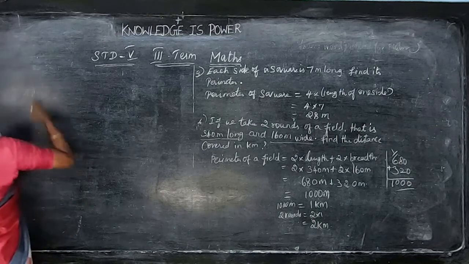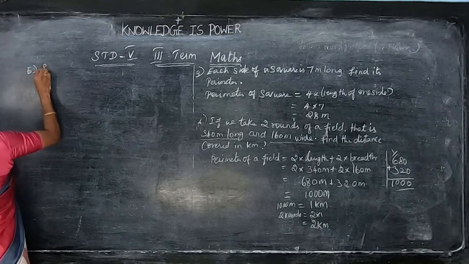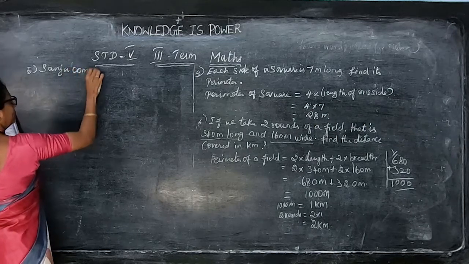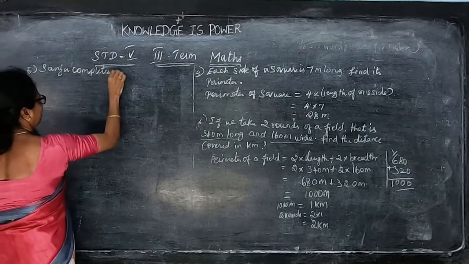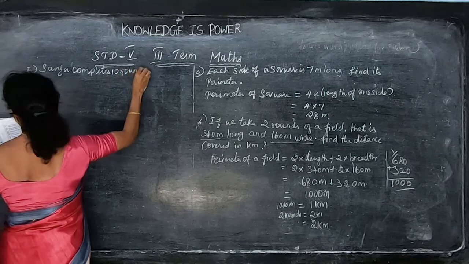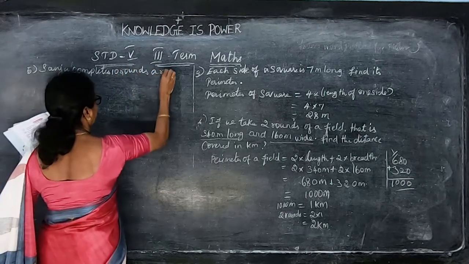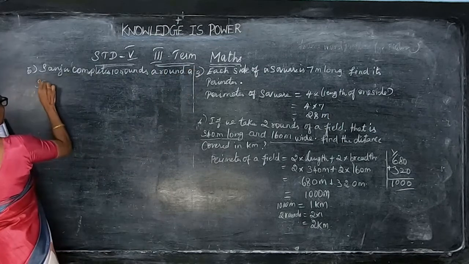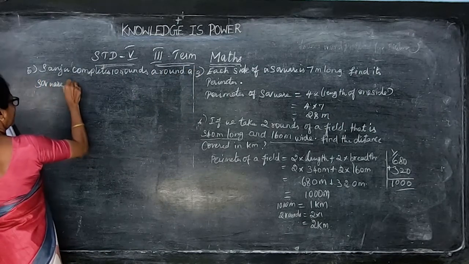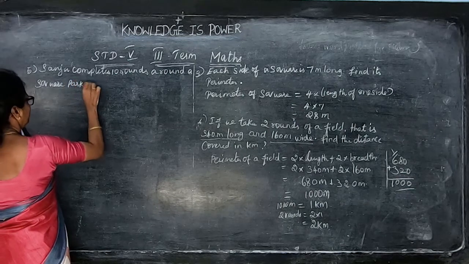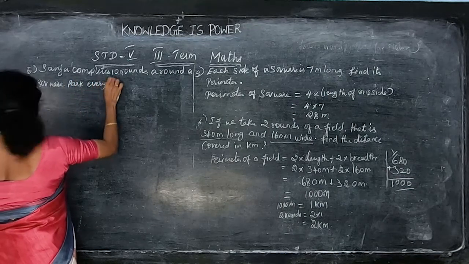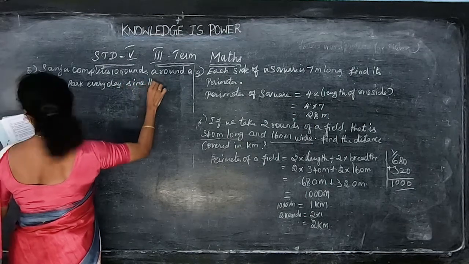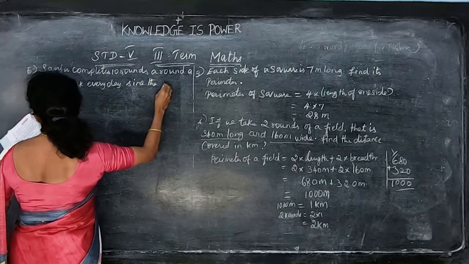Sanju completes 10 rounds around a square park every day.